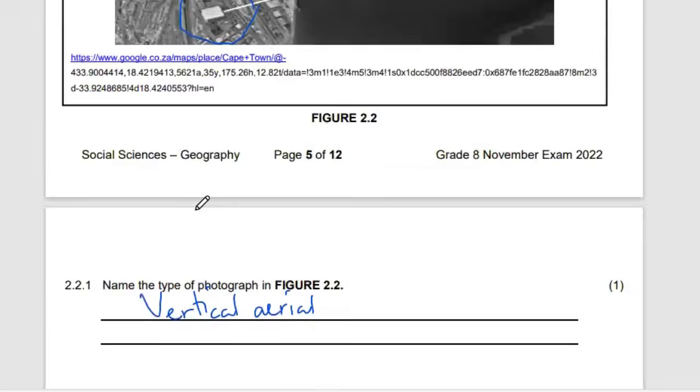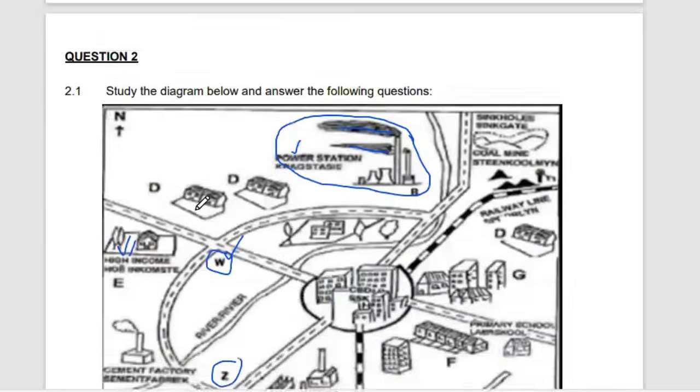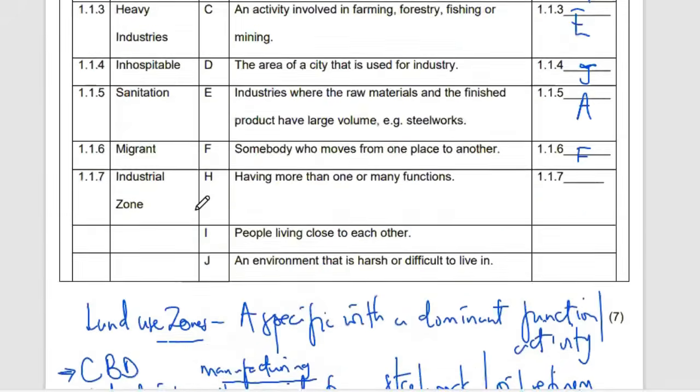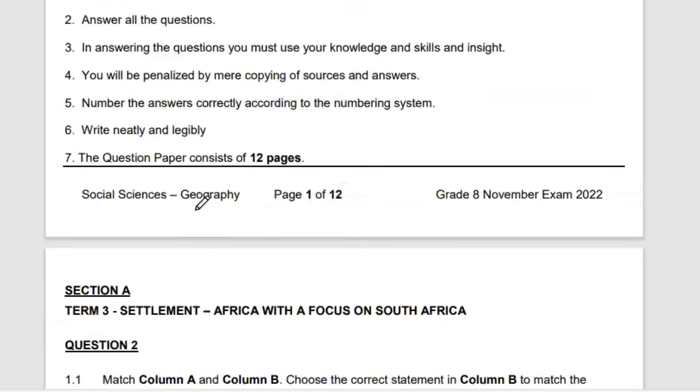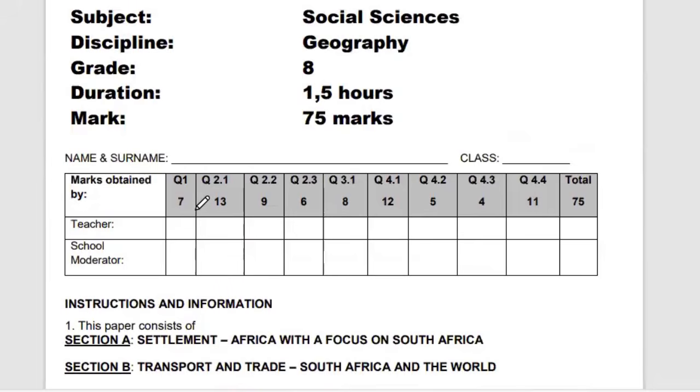That is your focus area from term 3 content. You must focus on settlement, be able to understand rural settlements and their activities, also urban settlements, and the different land use zones in urban areas, and be familiar with urban settlements in relation to rural settlements, where we look at the push and the pull factors.